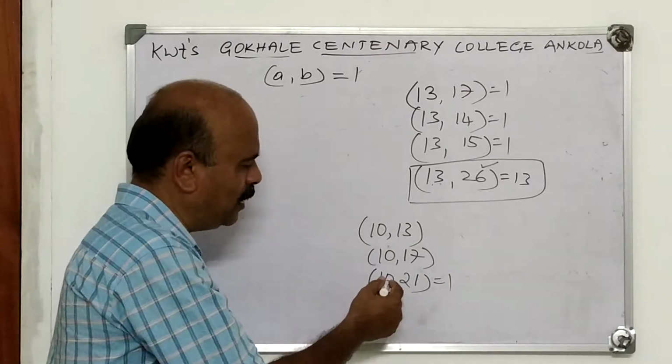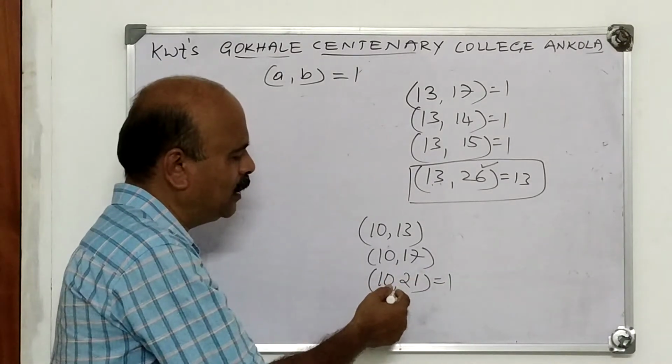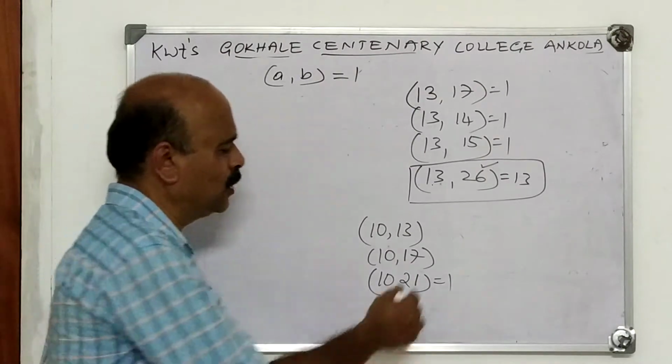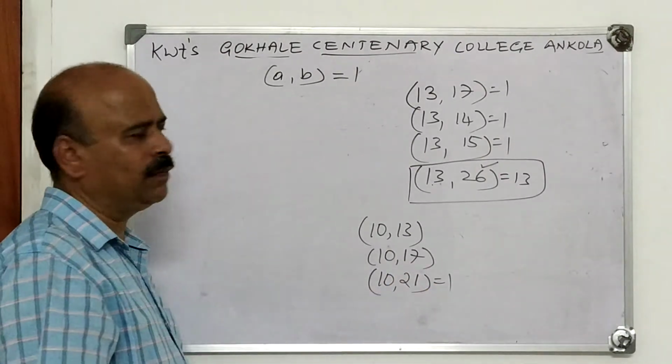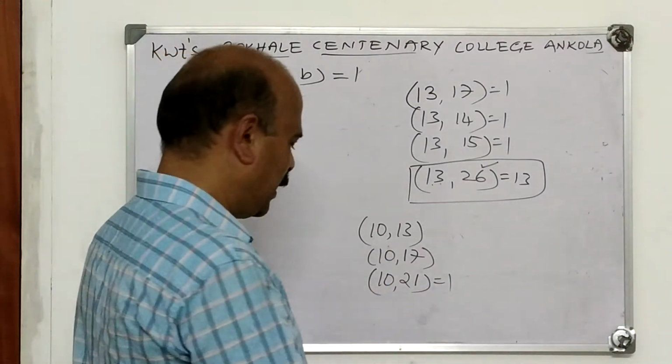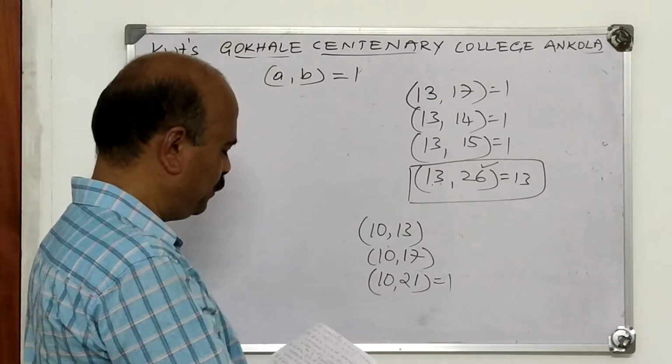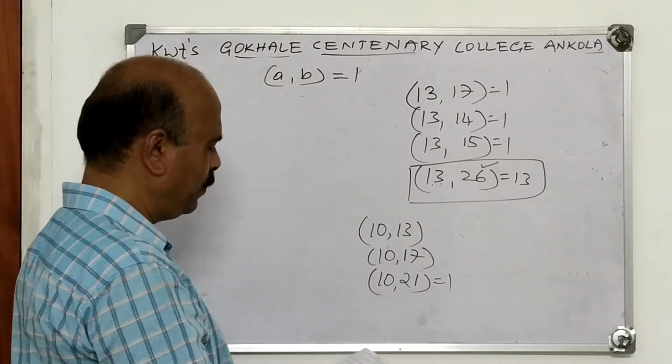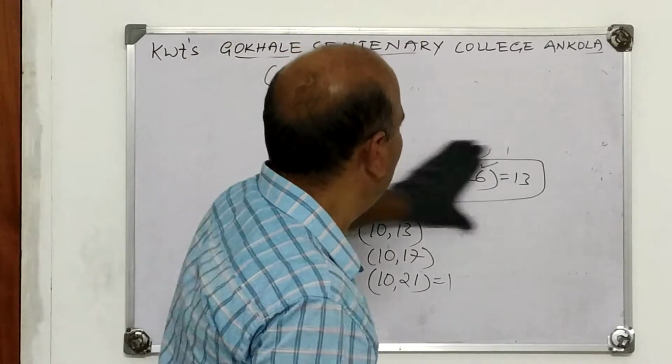Am I right here? 10, 21, what is the GCD? GCD is 1. Therefore, they are relatively prime. These are examples for relatively prime numbers.